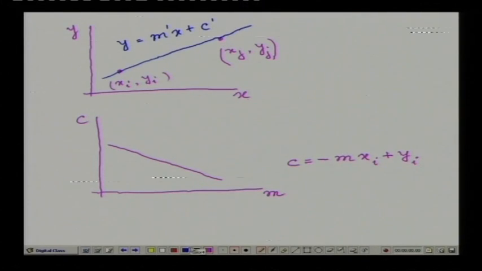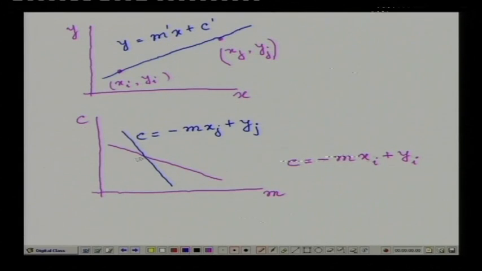And the second point will be mapped to another straight line, say something like this, where the equation of this straight line will be given by c equal to minus m x j plus y j.